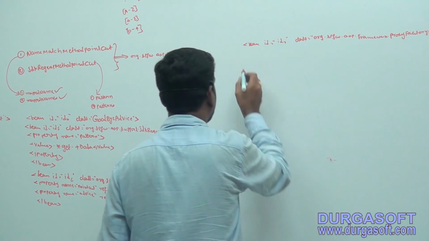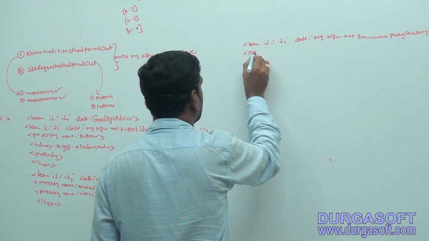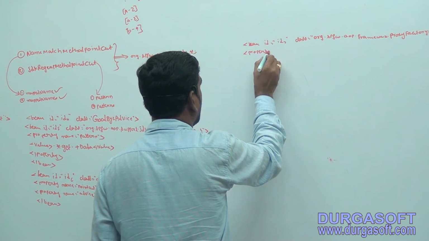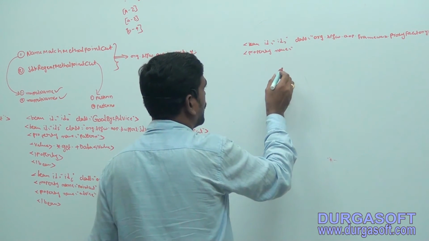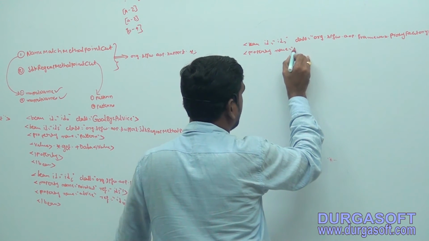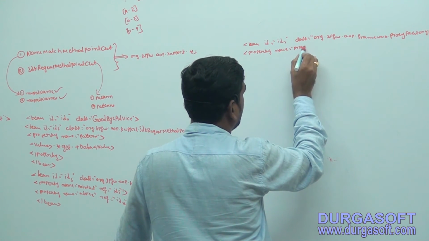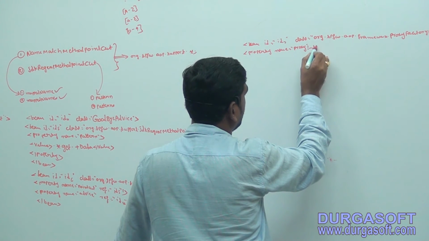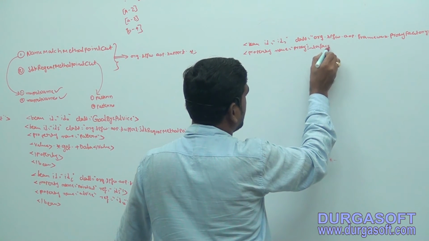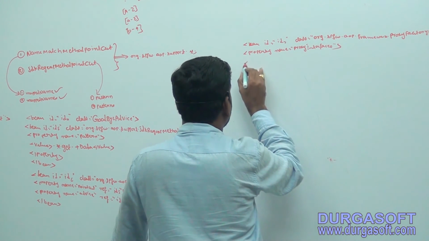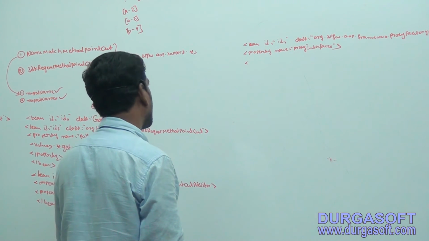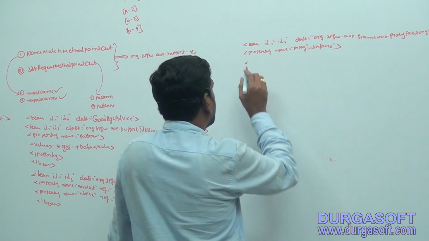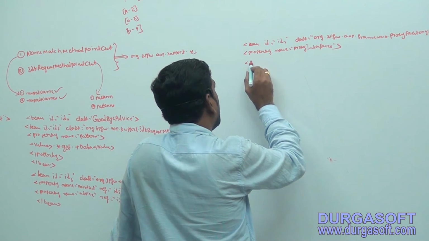The next, after that, property name is equal to proxyInterfaces. The next, here we can pass value.